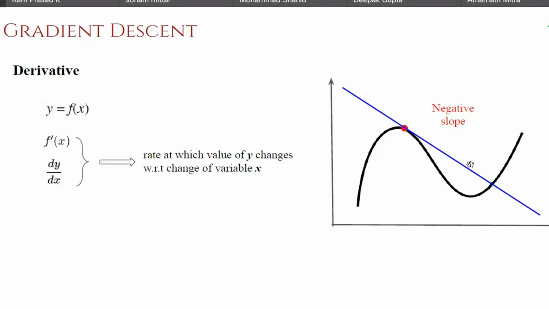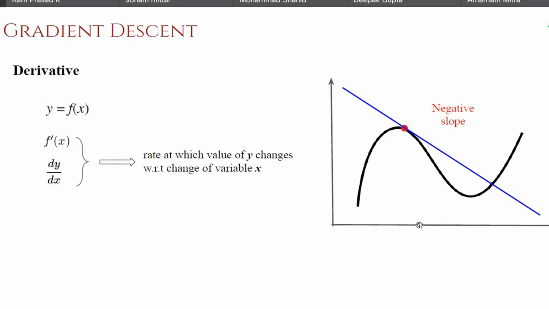By negative slope, what kind of understanding should we get? For a function, if we get a negative slope, what are we supposed to understand? This is the x-axis and this is the y-axis. By negative slope, what it means is that from this point, if you increase x, y will decrease.